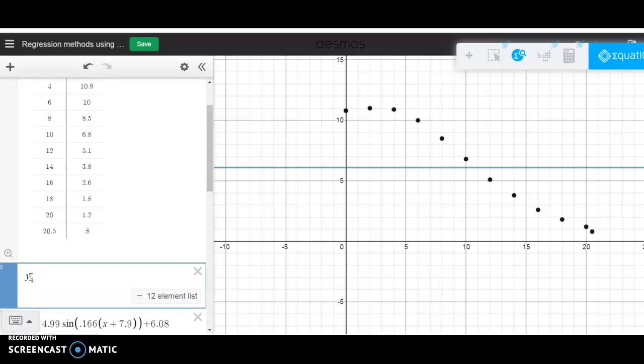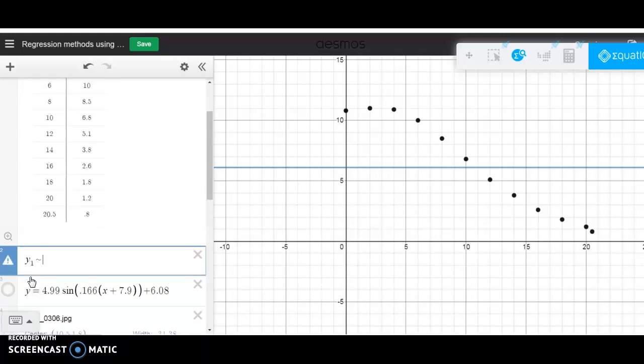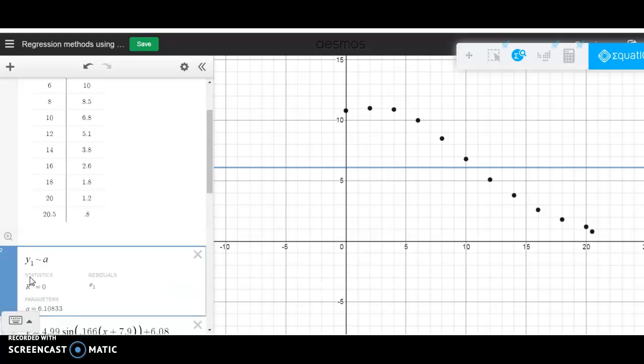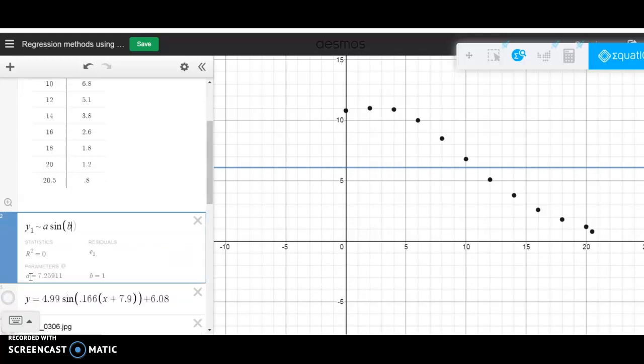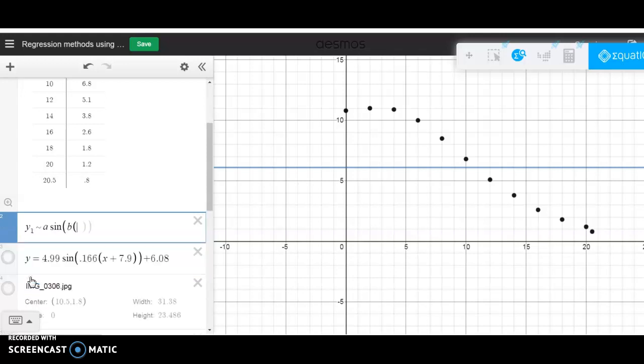Now, instead of putting an equal sign, what denotes doing regression is the squiggly sign that's right next to the number 1, to the left of the number 1. That's telling Desmos, the computer, to do a regression. Now, we want to put our parameters in there. So A sine, parentheses B, that's my period parameter, parentheses.